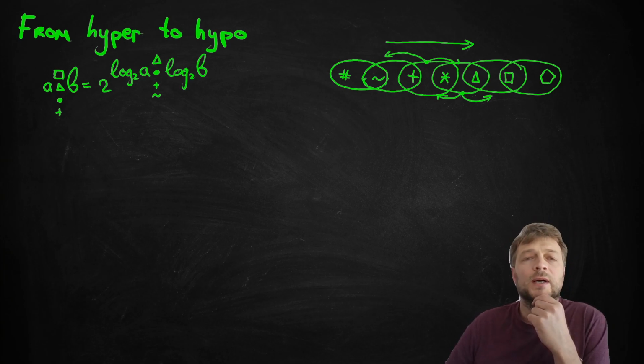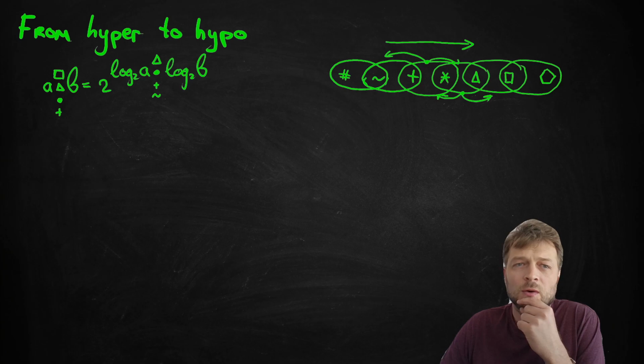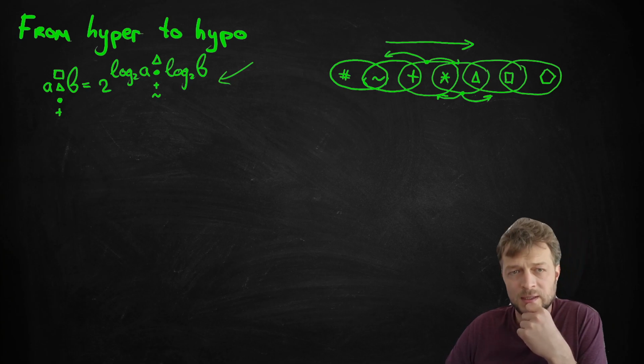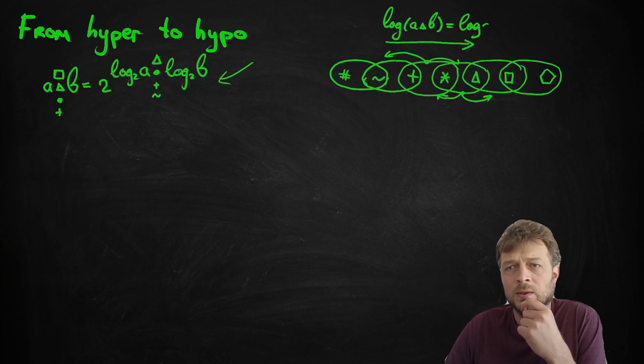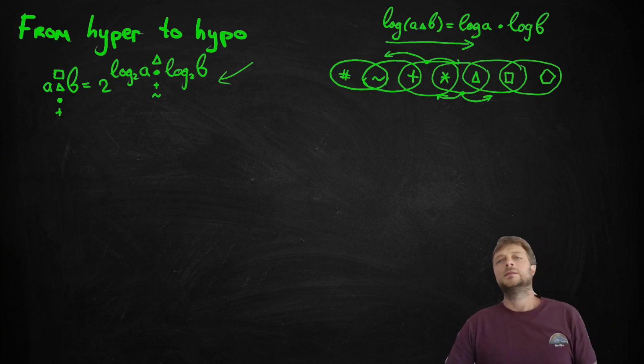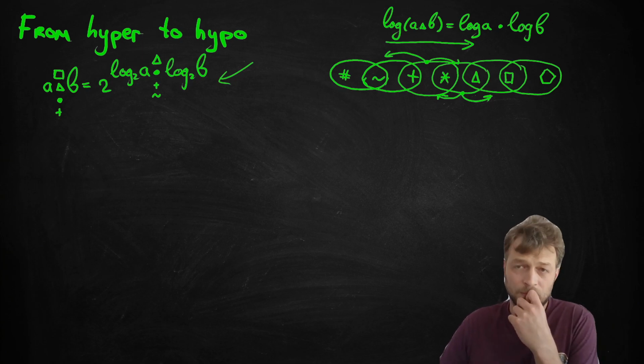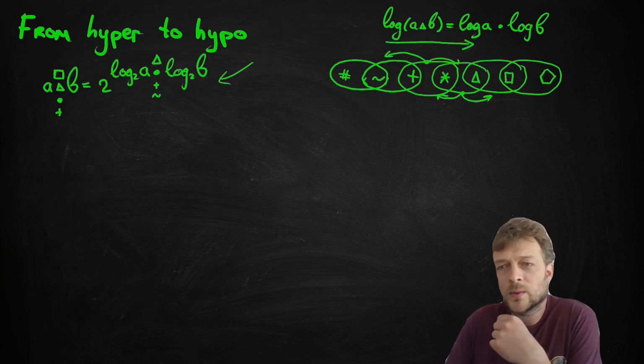And let me write this expression here on the top. I will take log from both sides, and I will write it this way: log of A triangle B equals log A multiplied by log B. Okay, so something similar we want to get for the opposite row here.